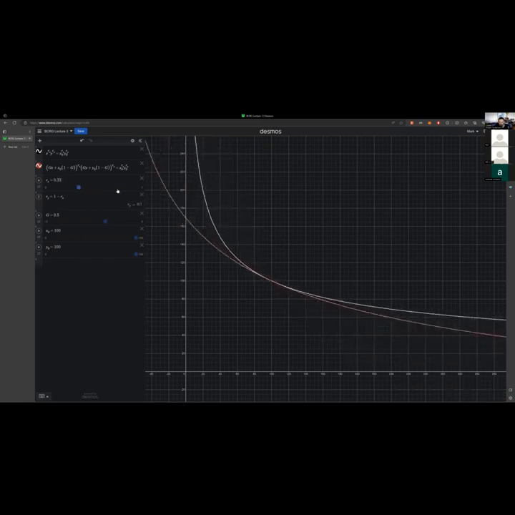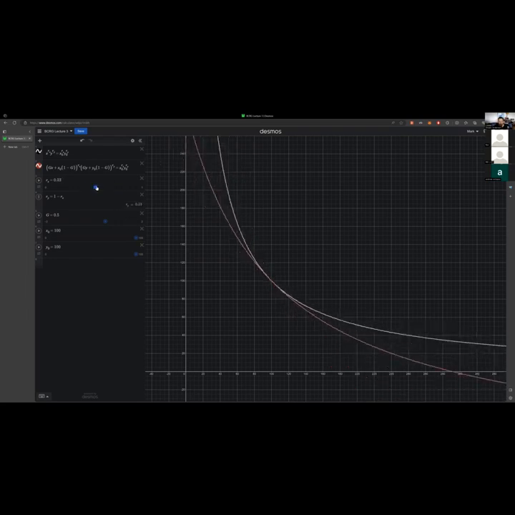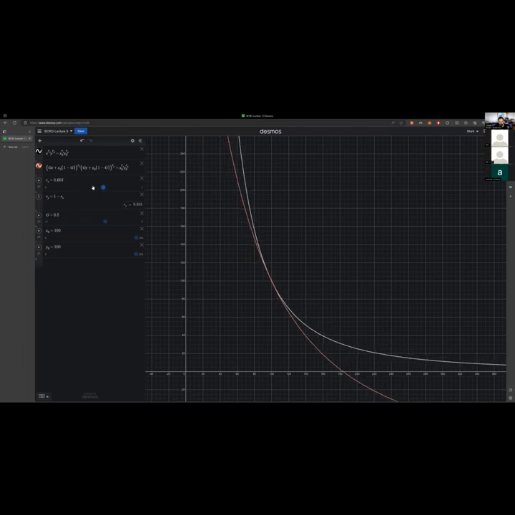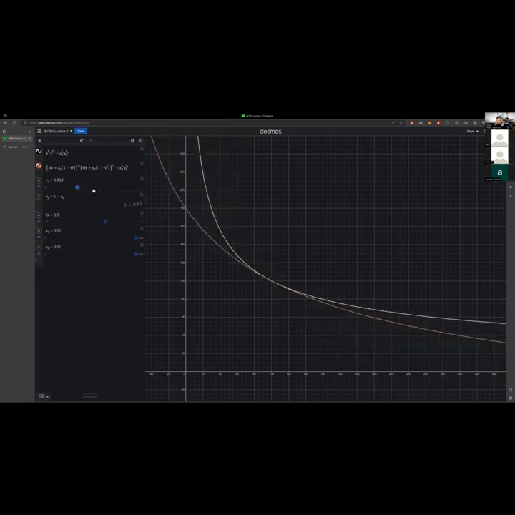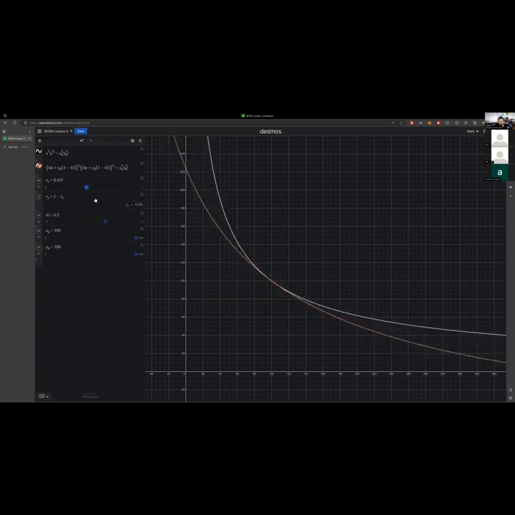But it's changing both the y-intercept and the x-intercept as I move it around. So that's the reserve weights sort of acting on this invariant function. Let me put that at 220.